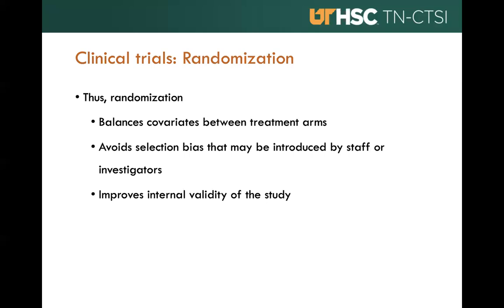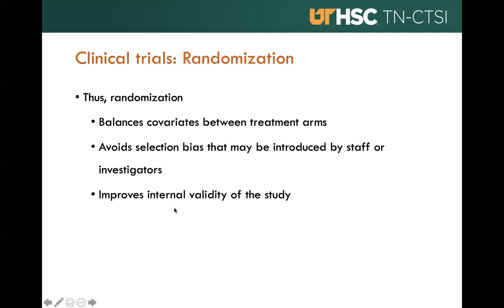So if after assigning one participant, the next participant's assignment into treatment or a control arm depends on the previous one, we say there is a selection bias. But randomization reduces that risk of selection bias.